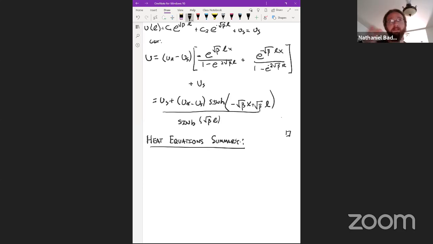So we had the heat temperature equation relating heat and temperature. That was for Q, the rate of change of heat, and U, temperature.